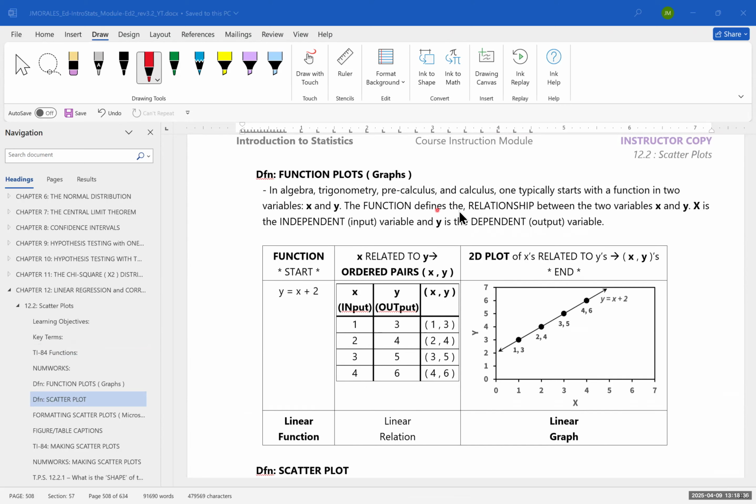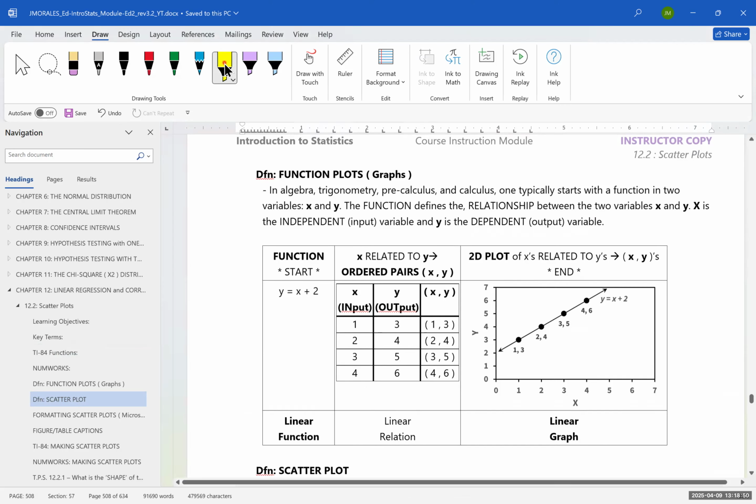The function defines the relationship between the two variables. X is the independent variable and y is the dependent variable. So what I said up above is that we start with a function in two variables, x and y. This is an example of a function.